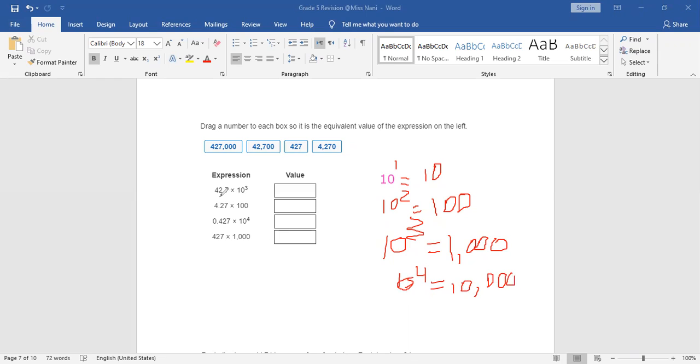So now I have 42.7 multiplied by 10 to the power of 3, which is 3 zeros.